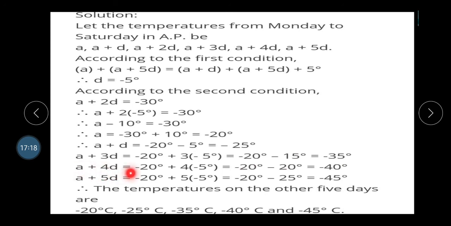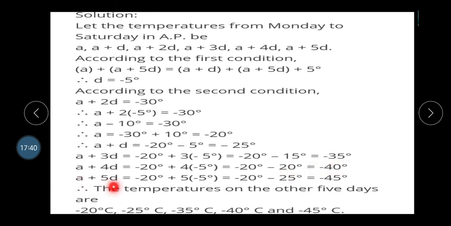A plus 4D is equal to minus 20 plus 4 into minus 5, is equal to minus 20, 4 5s are 20 and minus sign, so minus 20 minus 20, we will get minus 40 degrees.